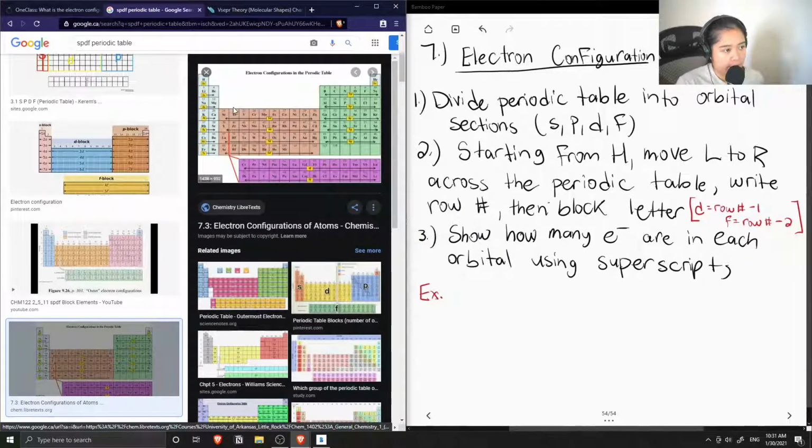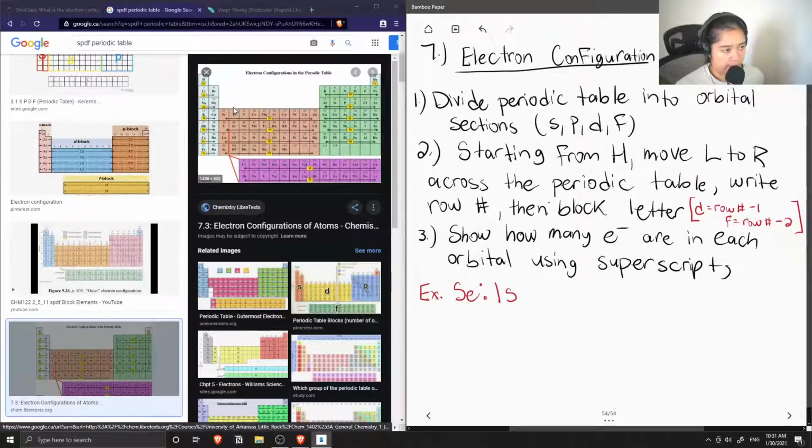So starting from hydrogen, I'm going to write the row number, which is 1, and then the block letter, which is S, and then to show how many electrons can be in the s orbital, we use the superscript. Only 2 electrons can fit in an s orbital, so this is the max. So we write 1s2. And you can see that this corresponds to hydrogen and helium's electron configurations.